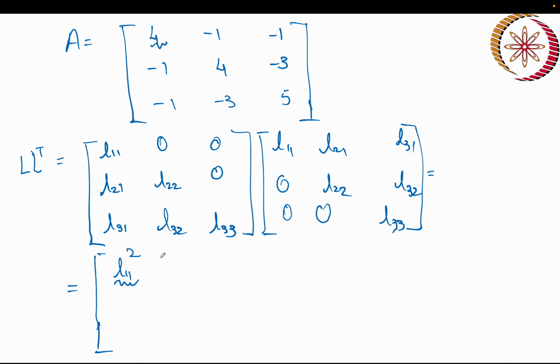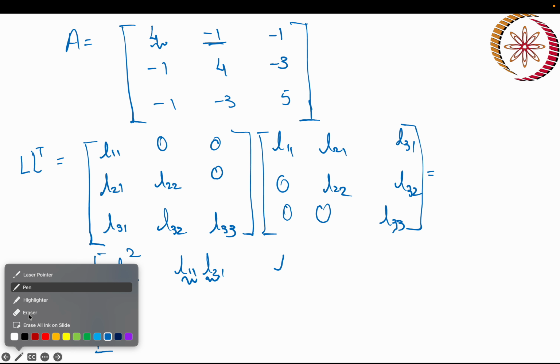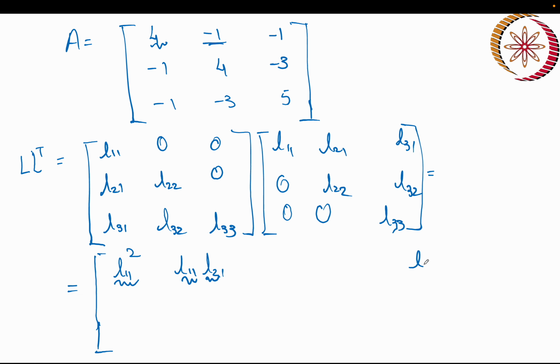Now we will compute the next term. It will be L11 L21. Once we have L11, we can find L21 just by equating it, like we will see in the next step. Now we'll just compute the multiplication. I will write it farther because the next terms need space. It will be L11 L31.